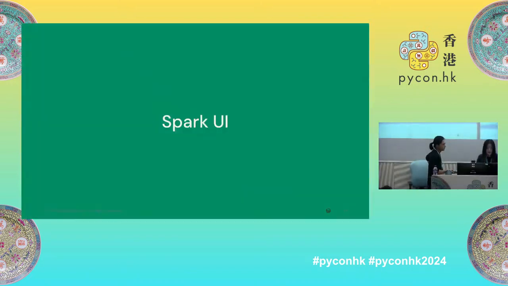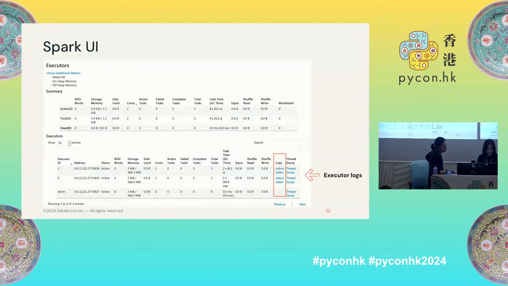So the first tool here is the Spark UI. The Spark UI is a web interface that provides insights into the execution of Spark applications. It displays the details about the tasks, jobs, stages, environments, and resource usage.